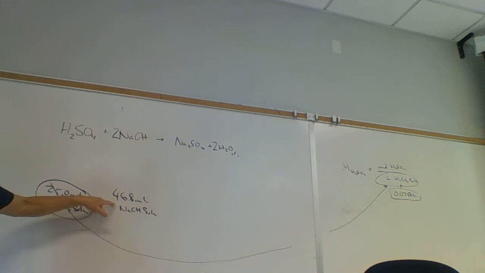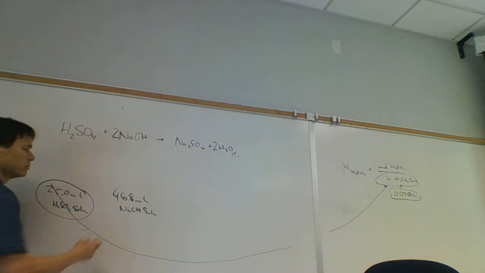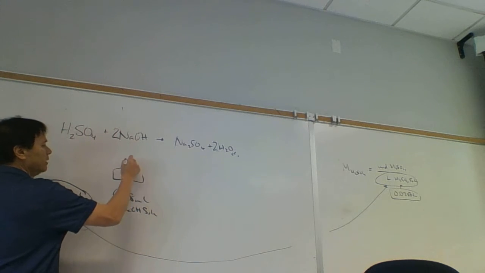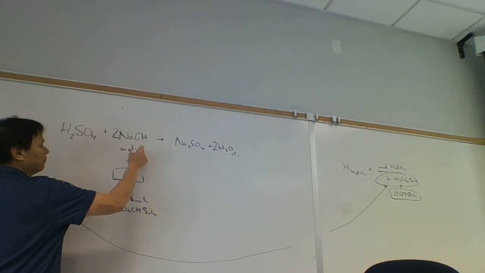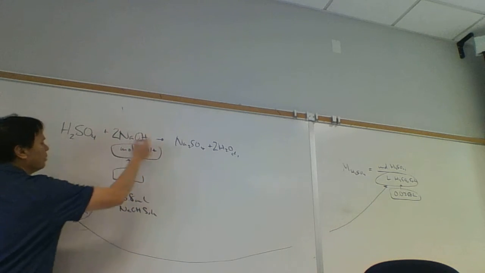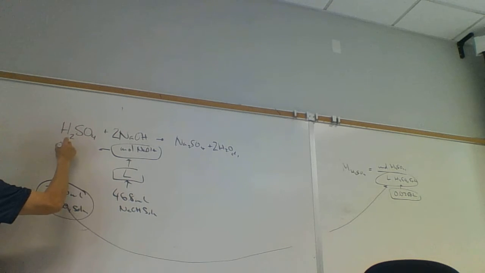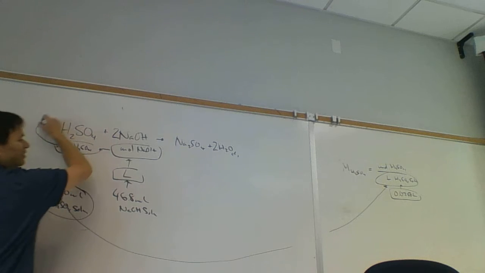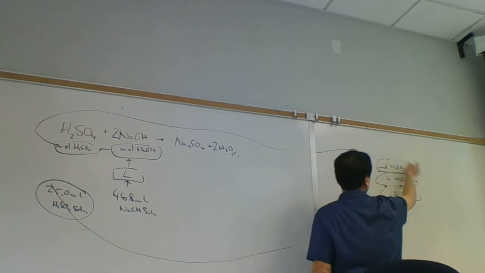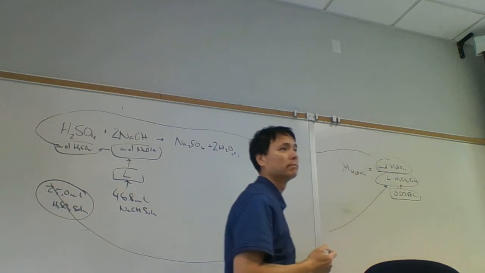But we're given the molarity of the sodium hydroxide. If we know the molarity of the sodium hydroxide, we can figure out how many moles. So we'll go from milliliters to liters, and from liters straight to moles of sodium hydroxide. And from moles of sodium hydroxide, we're going to go to moles of H2SO4. That's the missing part here. That's what we need there.